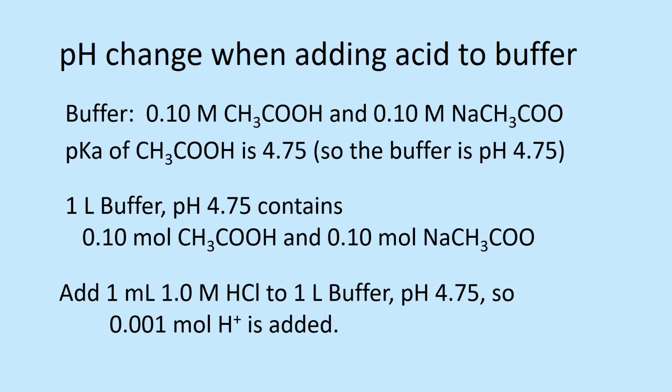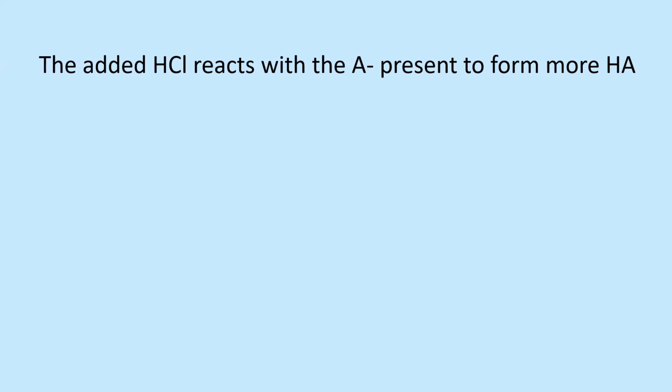When we add our 1 milliliter of 0.1 molar HCl to our 1 liter of buffer, starting at pH 4.75, we're going to be adding 0.0001 mole of H+. The HCl you're adding to the buffer is reacting with some of the A minus present to form more HA. So a little bit of the A minus in solution is going to be converted to HA by the acid.